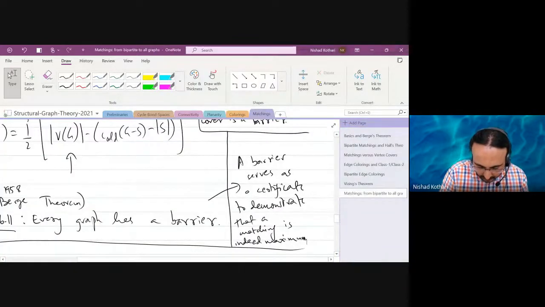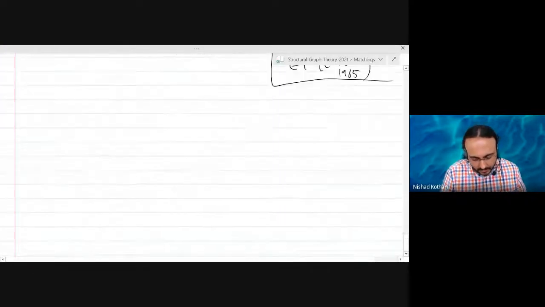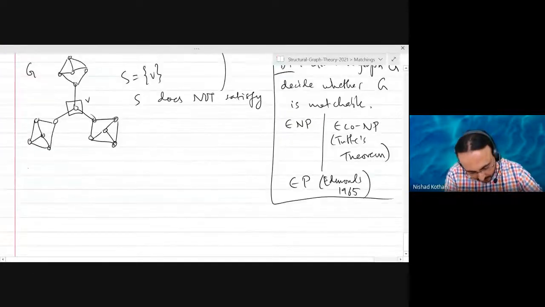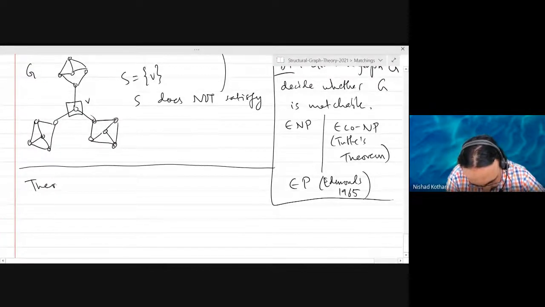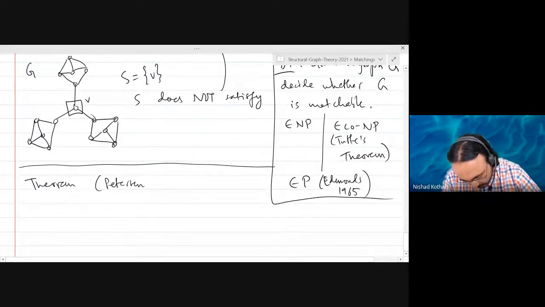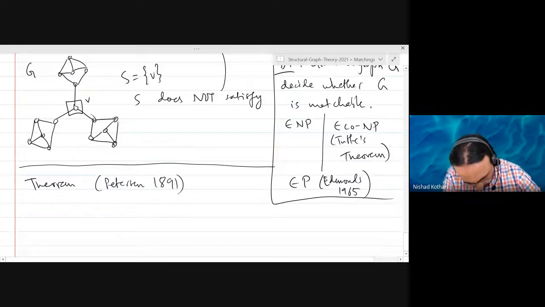In particular, Petersen did prove something back then, which is the following theorem. This is a theorem from around the same time, 1891. It's 16.14.